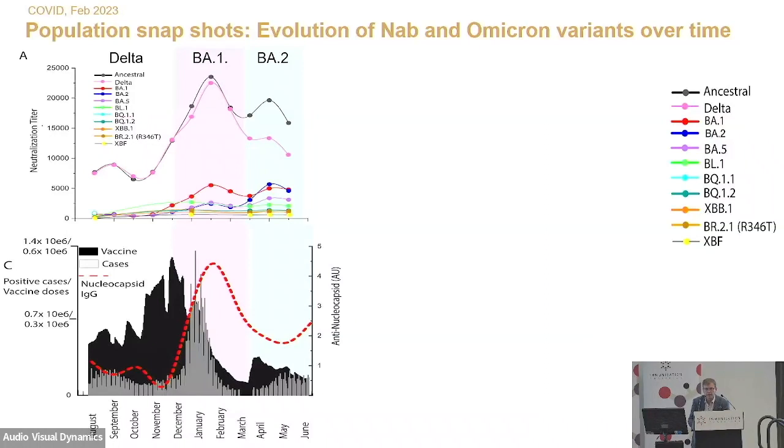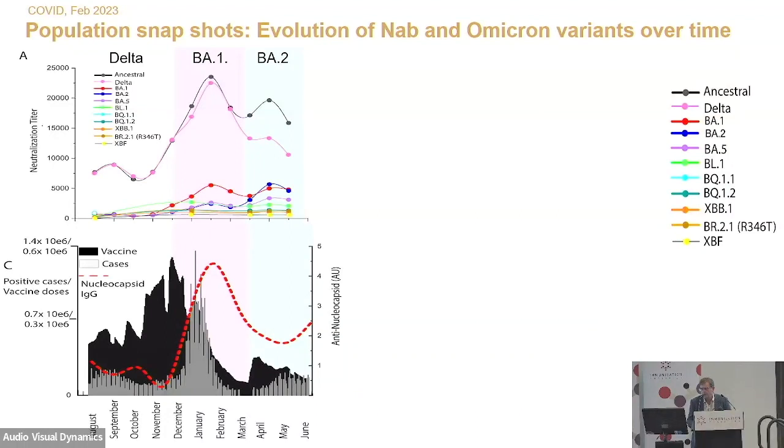The red line shows the presence of nuclear capsid antibodies in the IVIG preparations, which follow the uptick in the rate of infection. Across the top, in the top graph, the black line shows the neutralization capacity within these batches to the Wuhan strain, and then in pink, the Delta.